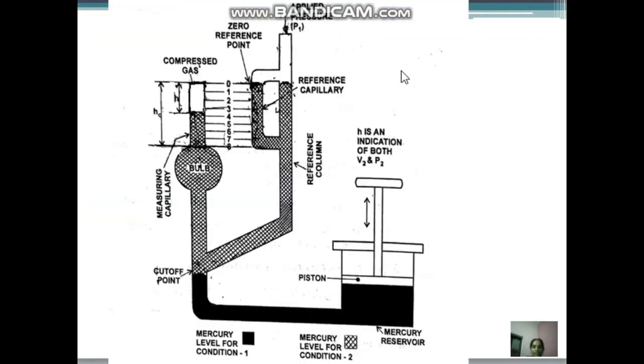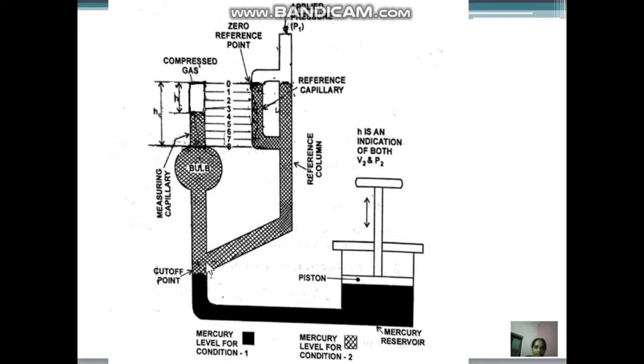This figure shows the construction of the McLeod gauge. The McLeod gauge has a reference column with a reference capillary tube. This is the reference column and this is the reference capillary tube, and the reference capillary tube has a zero reference point. The reference column is connected to a bulb and the measuring capillary.